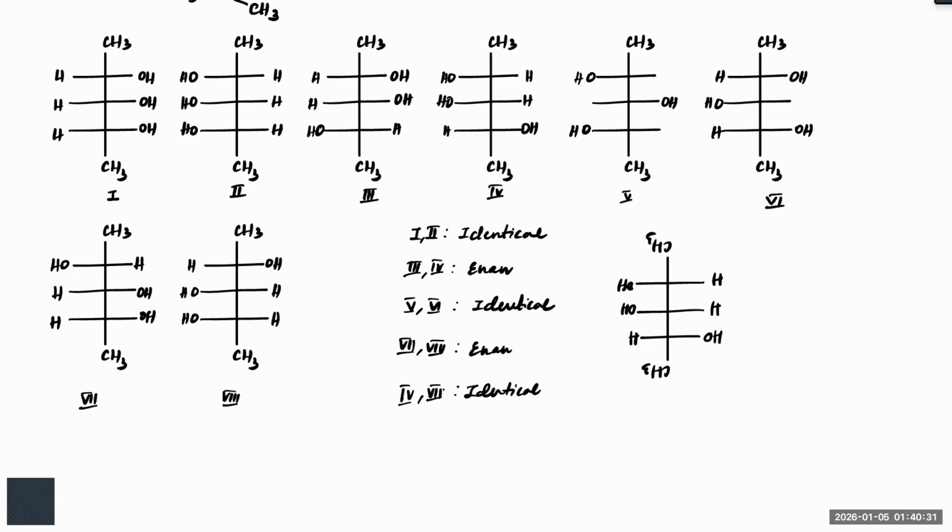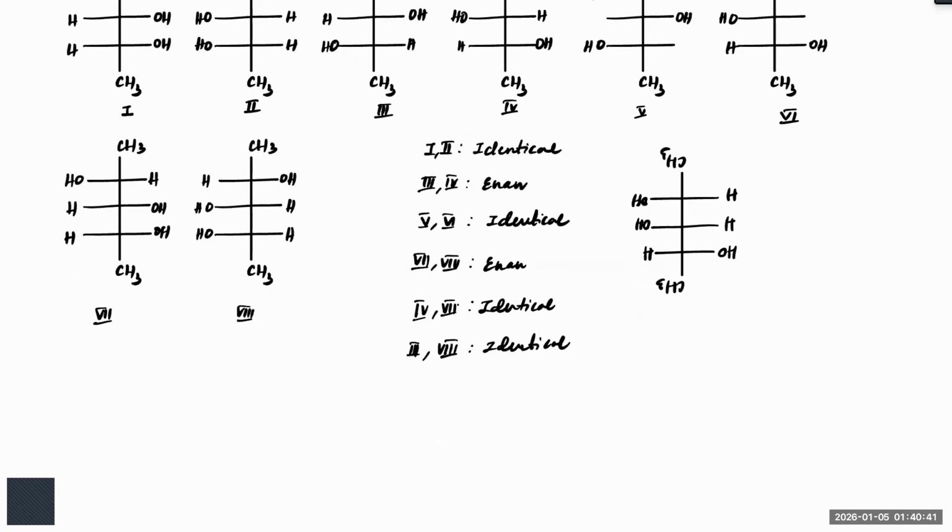Likewise, third and eighth are identical. So even though these two are enantiomers, they have already been counted as 3 and 4. We don't have to consider them again.